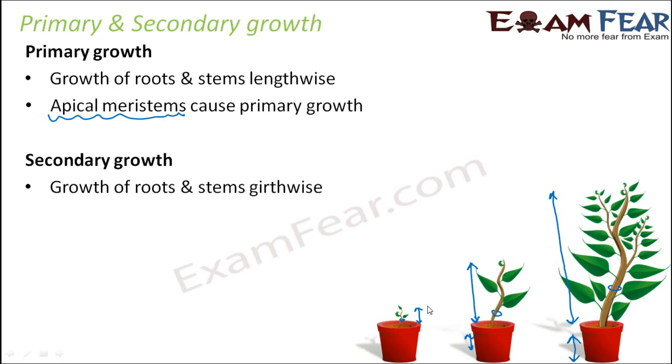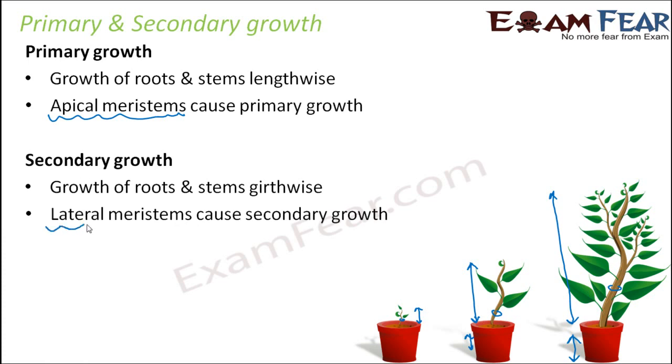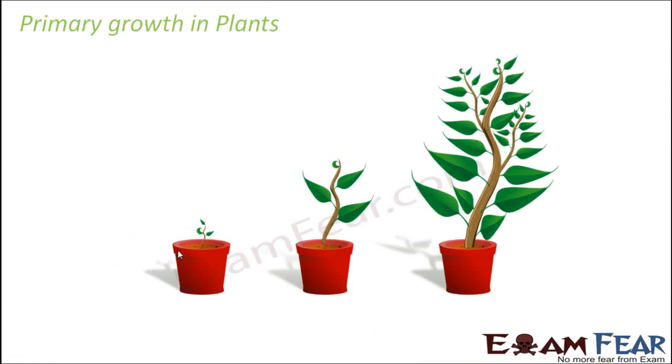That increase in girth is called secondary growth. And what causes secondary growth? The lateral meristems cause secondary growth. And what are these lateral meristems? They are nothing but cambium. Cambium is another name for lateral meristems. So in this section, we will focus on the lateral meristems or the secondary growth.